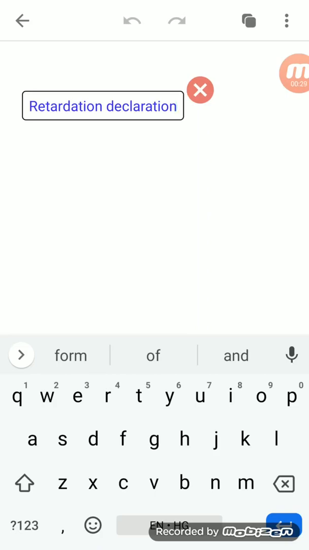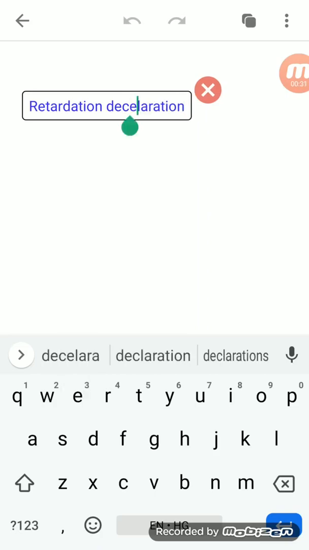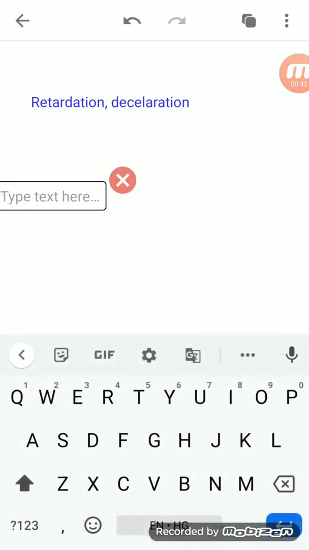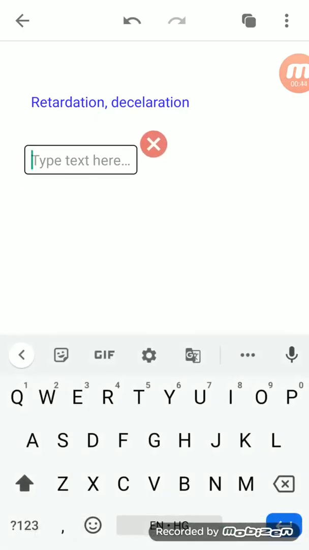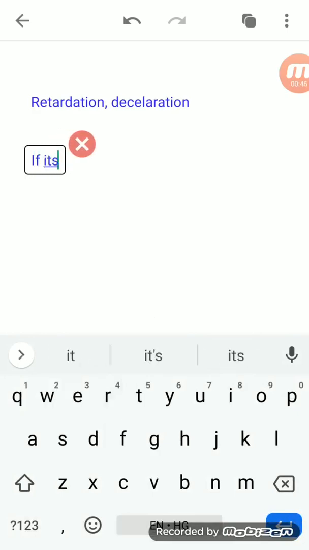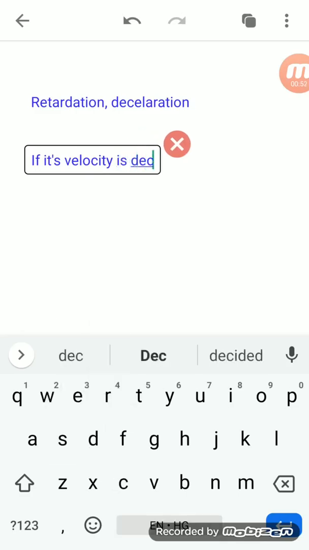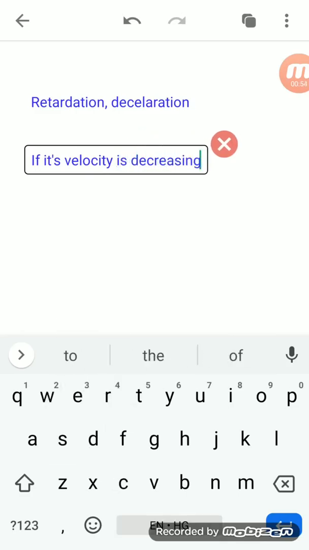Or the negative acceleration. So we can say a body is retarded if its velocity is decreasing. If its velocity is decreasing, we say that it is a retardation.